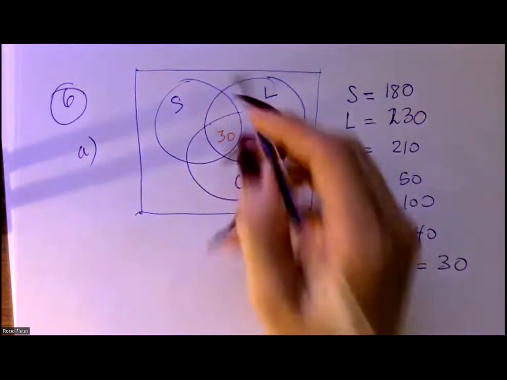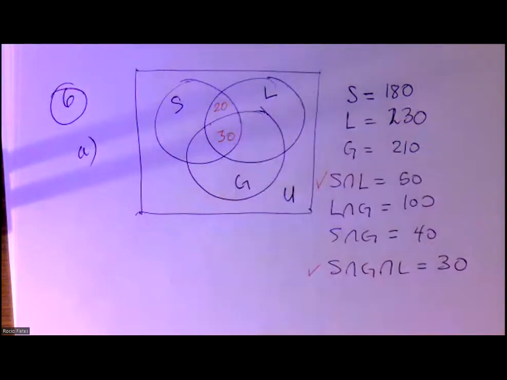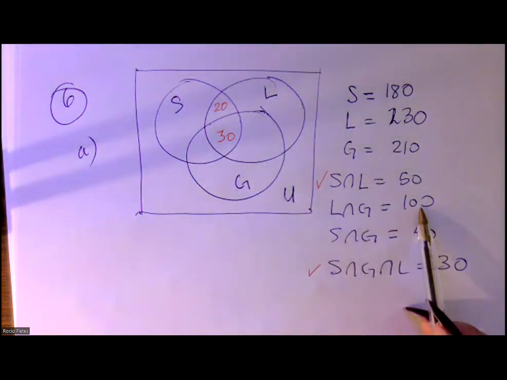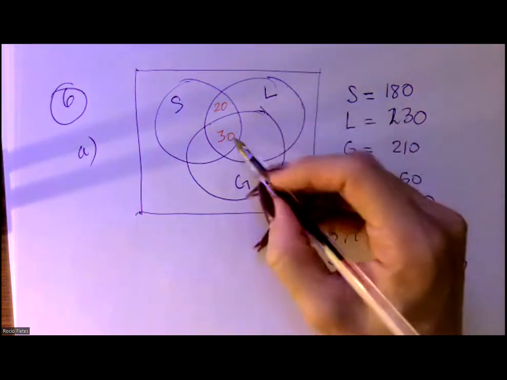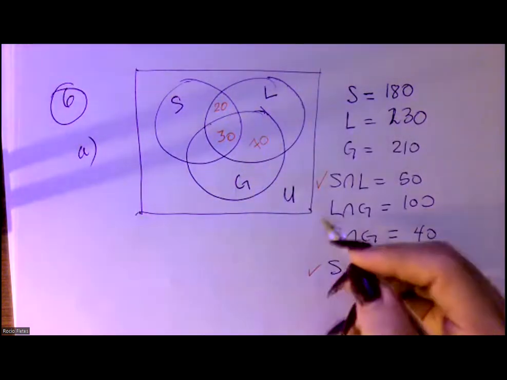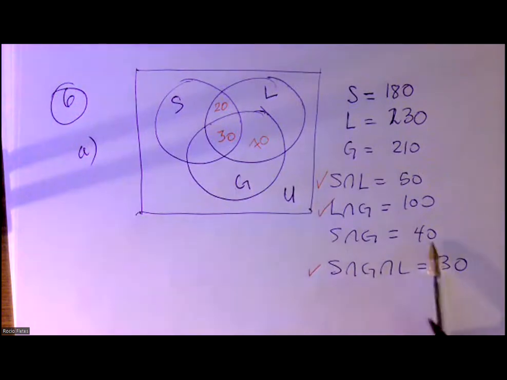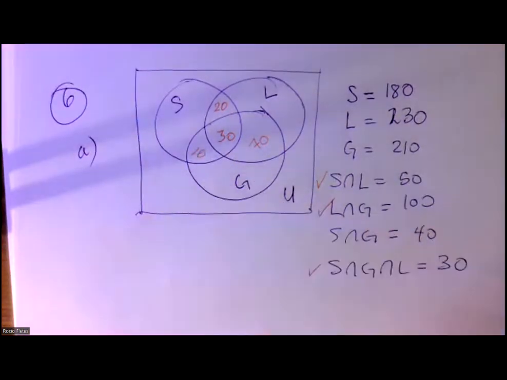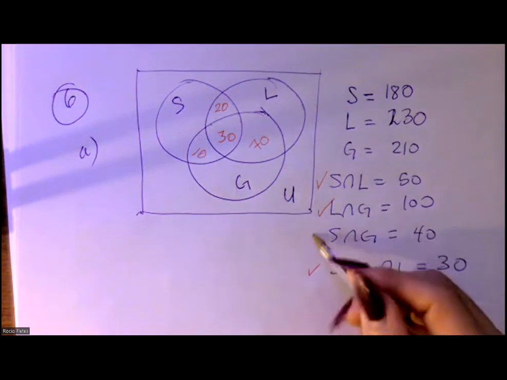So if we already have 30 here, that means that 20 must go here, right? And then L and G is 100. That's this area here. So 30 is here already, so this must be 70. Okay, L and G. S and G is 40, so you have 30 here, so that means 10 goes here, right? And that makes it so much easier. S and G is done.